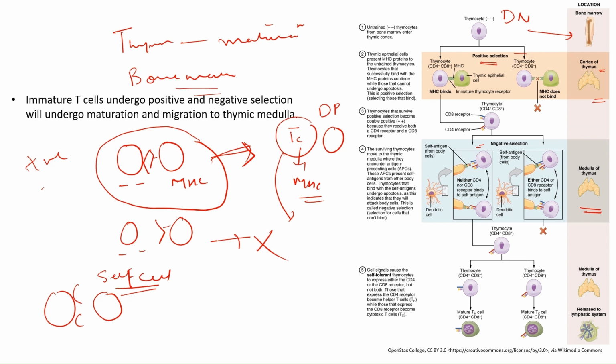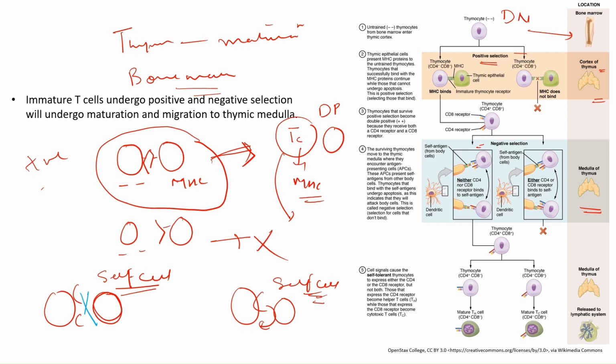So they should not interact with our self cells. In the medulla, they get the opportunity to interact with self cells, but they should not interact. If any T cells interact with self cells, that means they are harmful to our body, because then the T cell will start attacking our own cells. So this is harmful to our body.